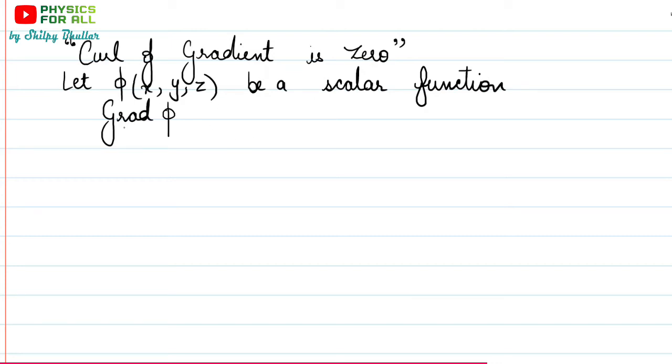First we have to find gradient of phi, and then we'll take curl of it. Which means first it's going to be del phi. Now you should know how we represent gradient. It is always of a scalar quantity and there is no symbol in between. And then we'll take curl of it. That means cross product. Now let's solve it.